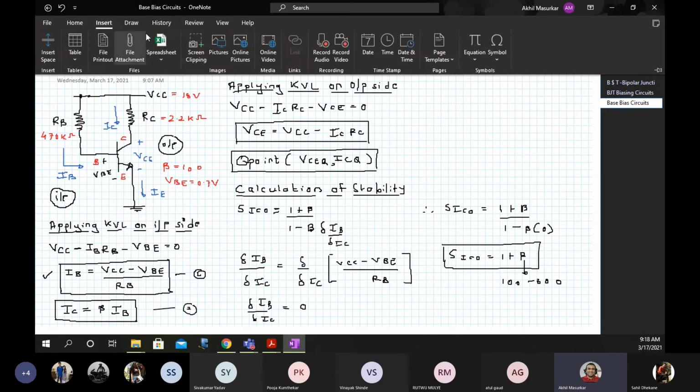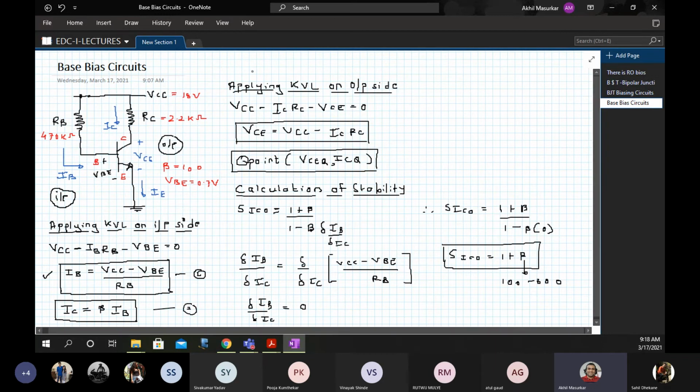So I will just solve it here itself. The first formula: I have to calculate IB. So IB is VCC minus VBE upon RB. That is going to be 18 minus 0.7 upon 470 into 10 raised to 3.